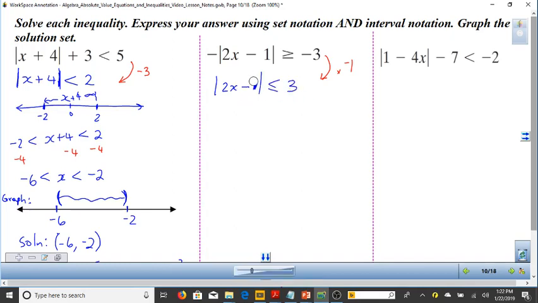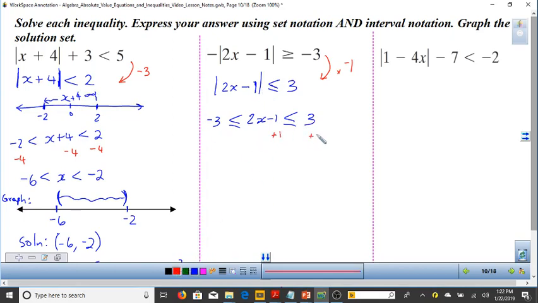So we have absolute value of 2x minus 1 is less than or equal to 3. So 2x minus 1 is between negative 3 and 3 for the same reason as we had over here. It's less than. And then we just solve it as we did before.